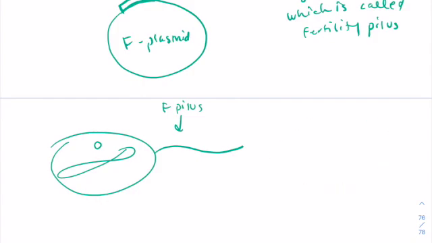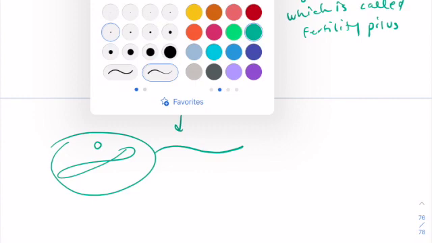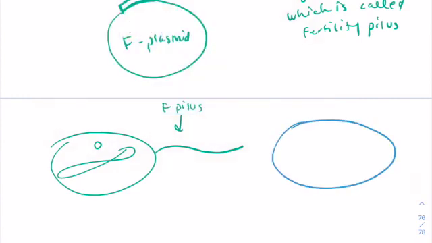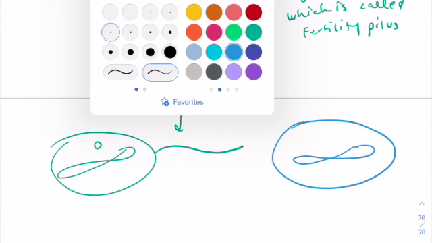I'm going to draw them in different colors. Here we go. The F pilus will actually allow a connection between this green cell on the left and the blue cell on the right.